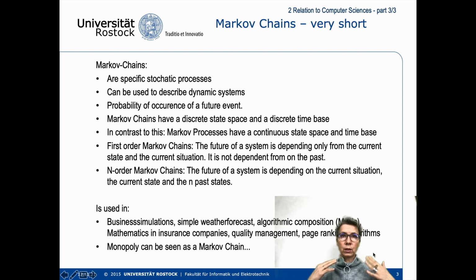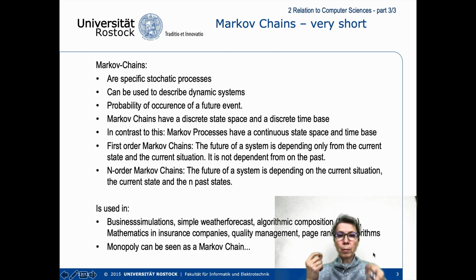But it's very important that you understand the difference between a dynamic discrete state space, which goes from state to state or time step to time step, and the continuous state space or continuous time base, which is a continuous flow.